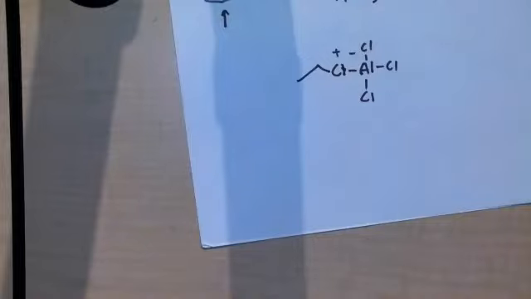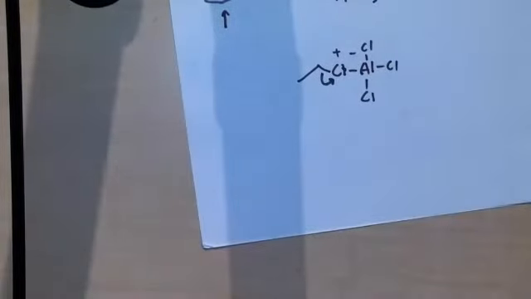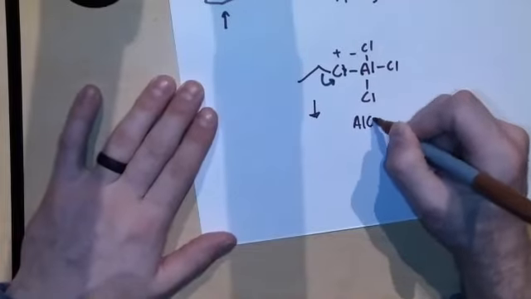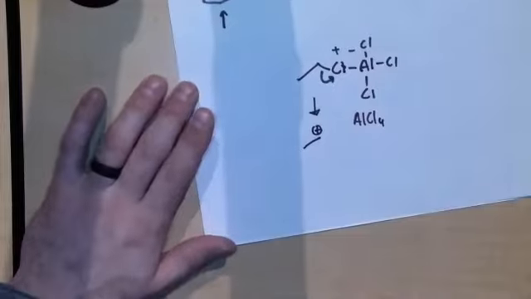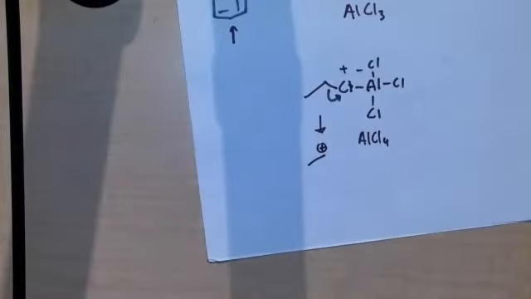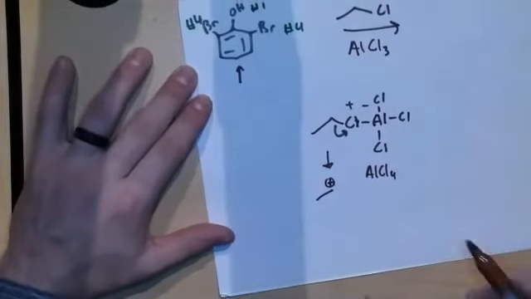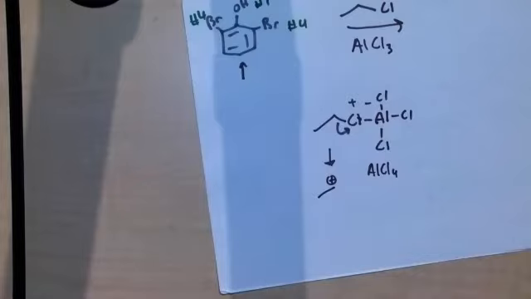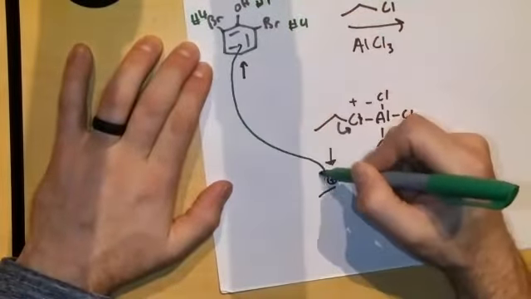This is actually going to fall apart. We're going to end up breaking this bond here, and we're going to get AlCl4 and the carbocation. So from here, our para position can do an attack on our carbocation.